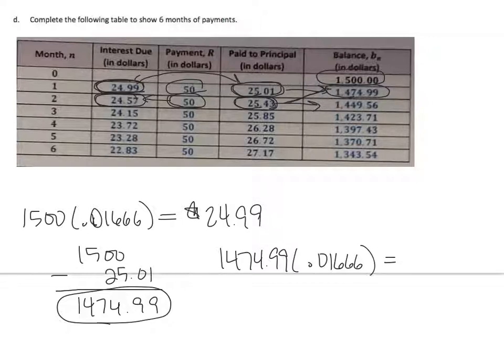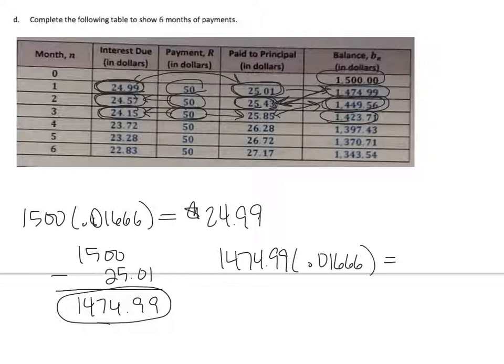So the previous balance minus how much goes towards principal is my new balance. I take this value, I multiply by my interest rate to get this. This is how much I'm paying every month. Subtract my interest, that's going towards principal. Subtract my principal, get my new balance.